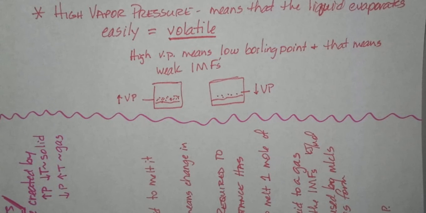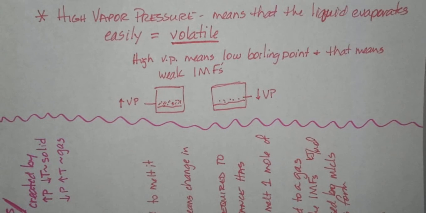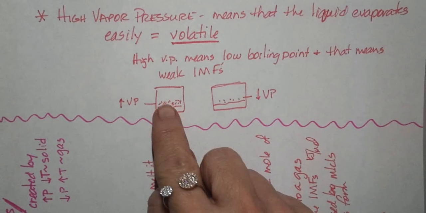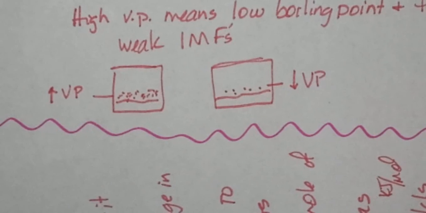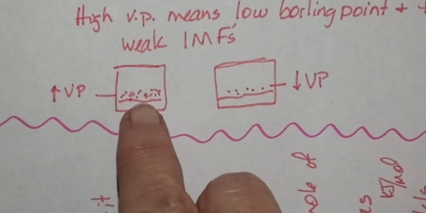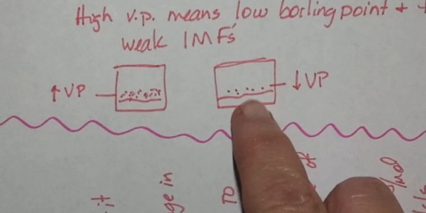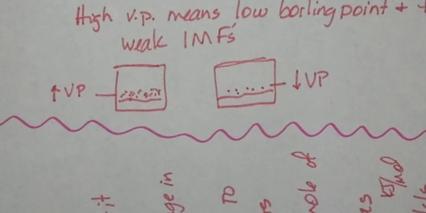Here? No, those are just dots. Yeah. So here we have a high vapor pressure, so there are lots of gas molecules, lots of the liquid that's changed to gas in here. Here we have a low vapor pressure where there's not many of the molecules of liquid that change to a gas. And remember, pressure is just, how many times is it hitting the sides of the container? So more molecules means more pressure. Okay, I'm going to stop this one here.